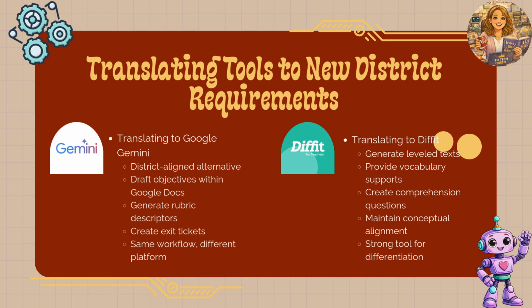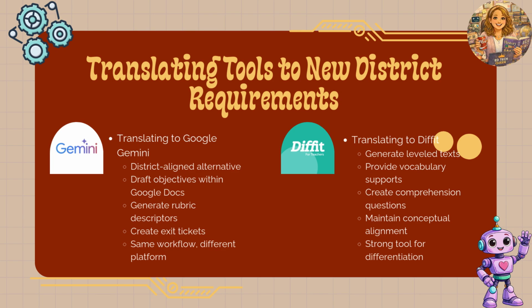I can also ask Gemini to draft rubric criteria aligned to Bloom's verbs. And I could generate exit tickets tied directly to the essential question. The instructional reasoning doesn't change, only the platform does. That's important. Effective AI use is about design thinking, not tool loyalty.